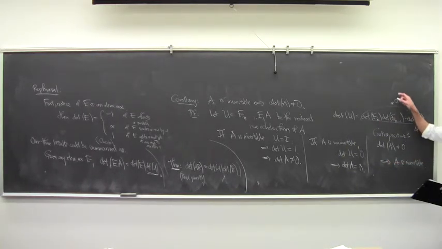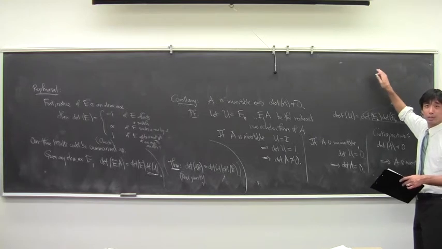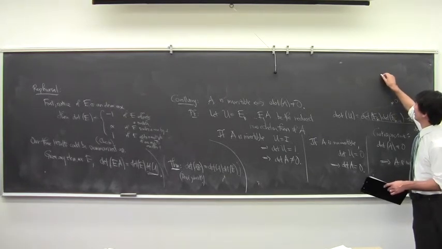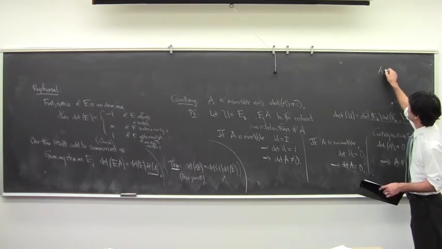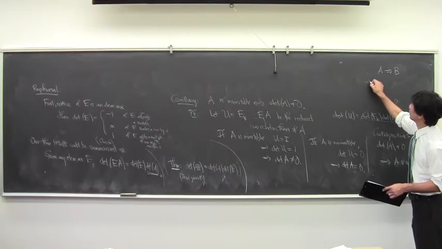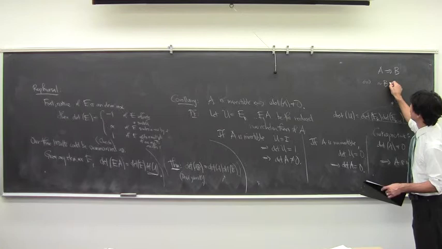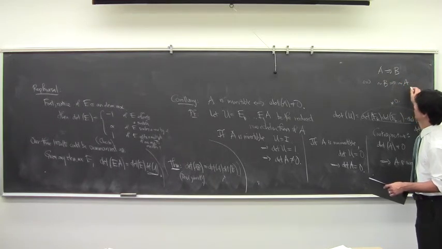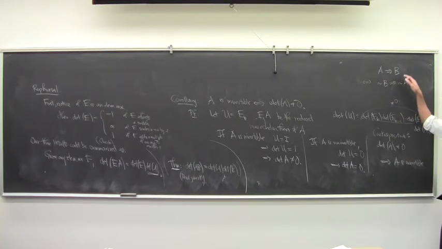I don't know if you're familiar with the contrapositive. If you want to show that A implies B, that's equivalent to showing that not B implies not A. These are logically the same statement. This one is called the contrapositive.